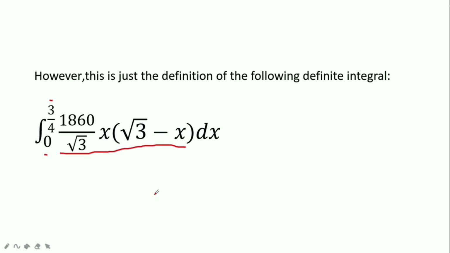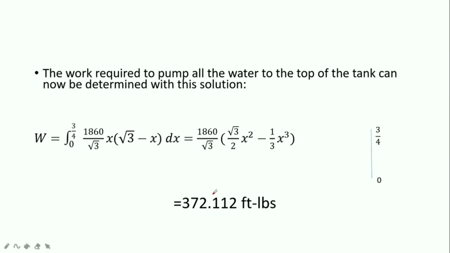Finally, the work required to pump the water to the top of the tank can now be determined via this solution. So the work is equal to the integral of 1860 over square root of 3x times square root of 3 minus x dx.